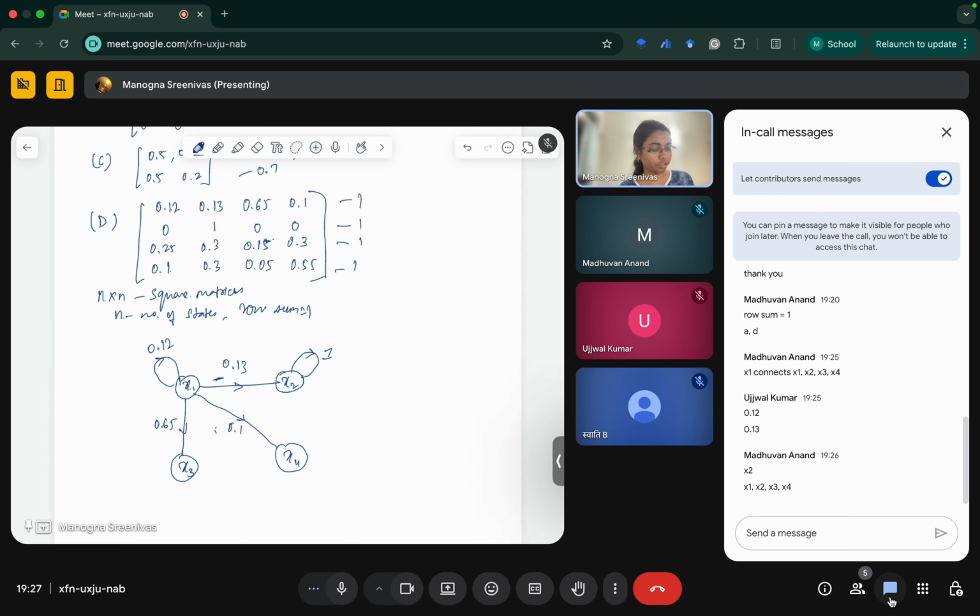x1, x2, x3, x4, right? So x1, then we have x2, then we have 2x3, so there's a self loop, and then we have x4. Now you know how to put the numbers, right? I'll not put them.